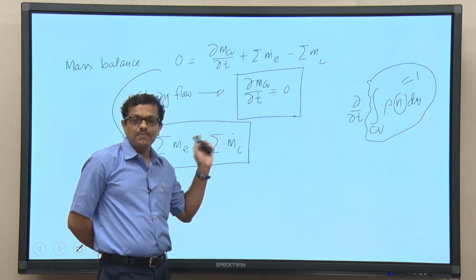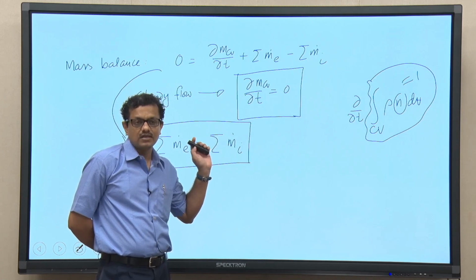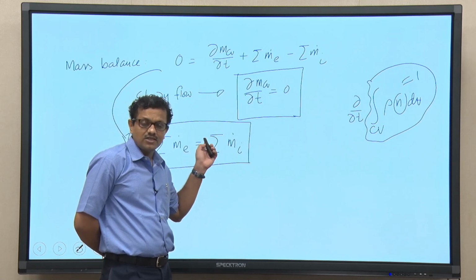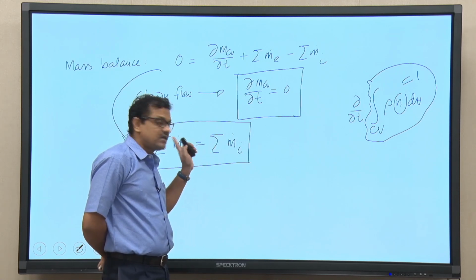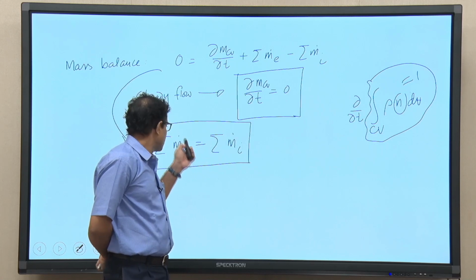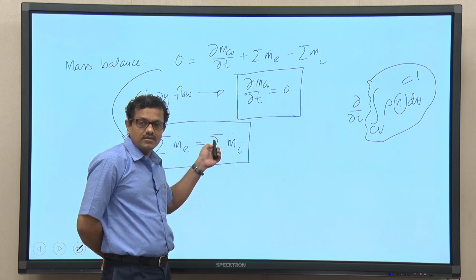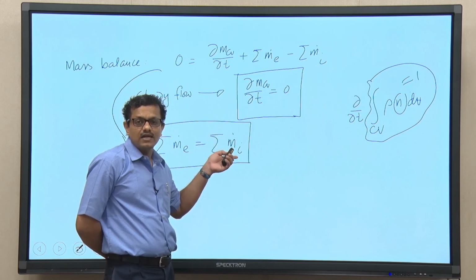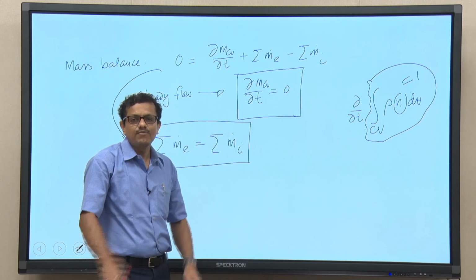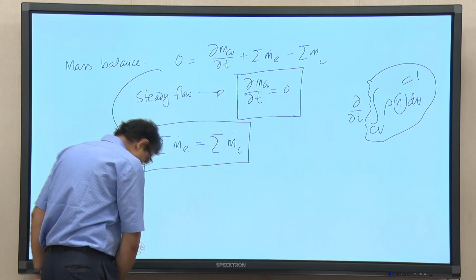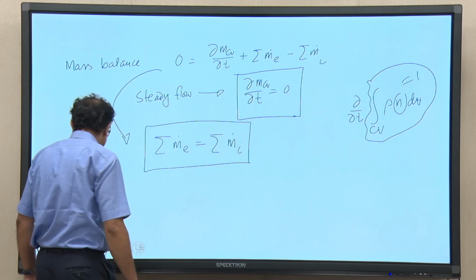If we apply the steady state steady flow process assumption, then from the mass balance equation we can write directly that ṁ_I equals ṁ_E. We have taken summation considering the fact that we may have multiple inlets and multiple exits. Okay. Now if we go to the energy balance equation.